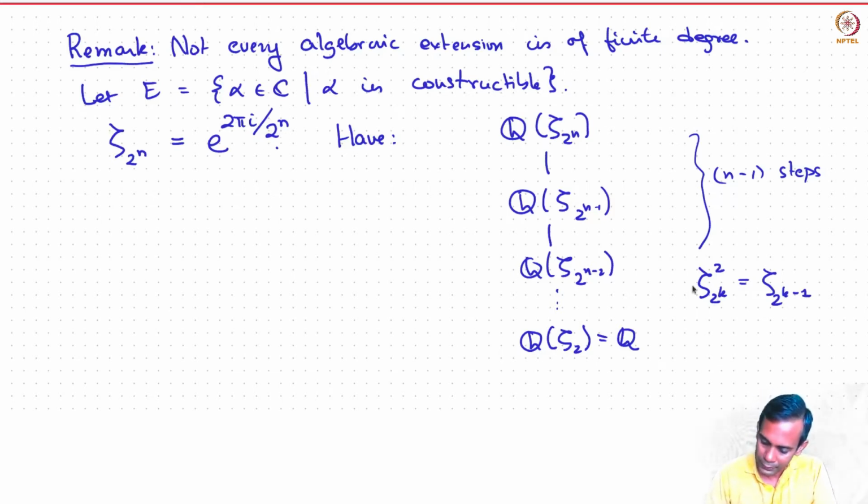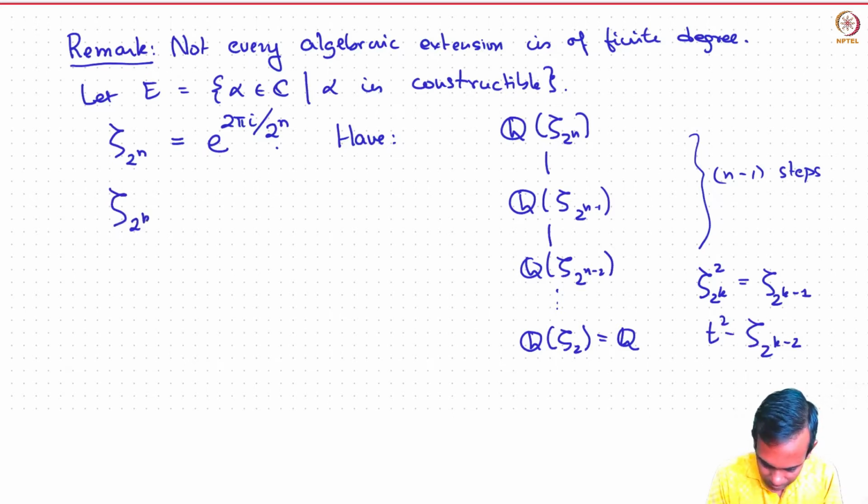And so this element satisfies the polynomial t squared minus zeta_{2^(k-1)}. So what we're saying is that zeta_{2^k} satisfies t squared minus zeta_{2^(k-1)} for each k.